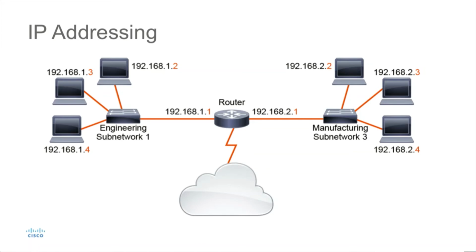So on the engineering subnet, if we were going to iterate the network address, it would be 192.168.1.0. On the manufacturing network, it would be 192.168.2.0. But how can we tell the difference between the network ID and the host ID?